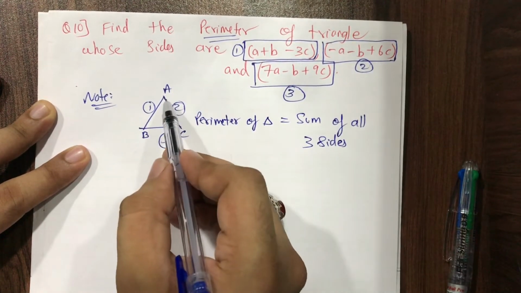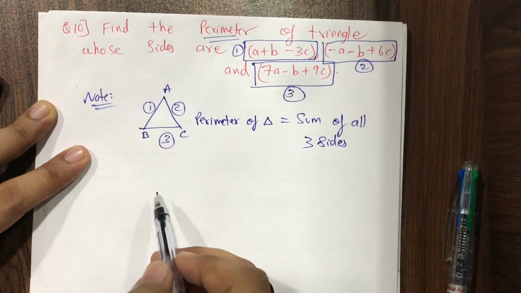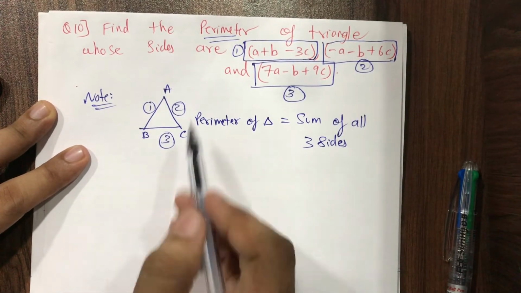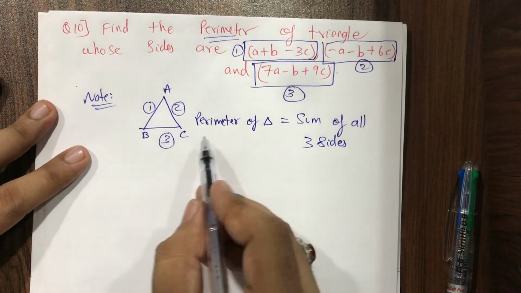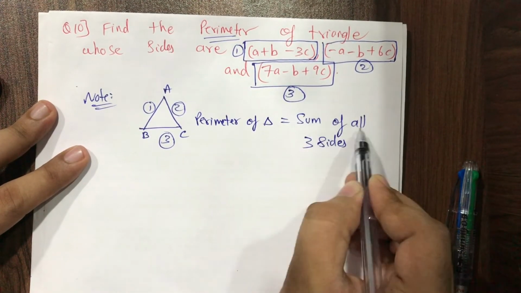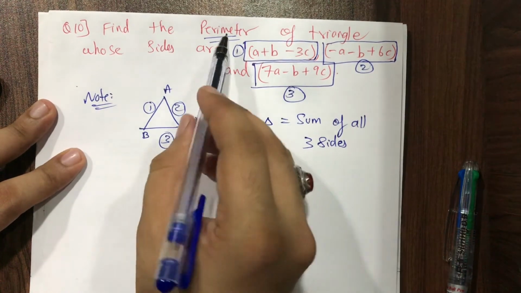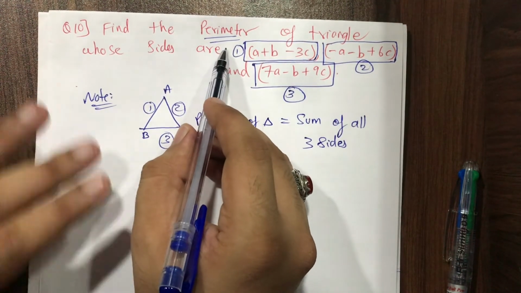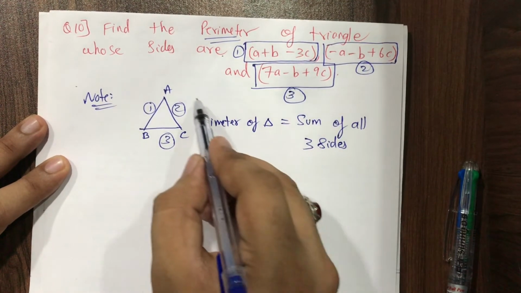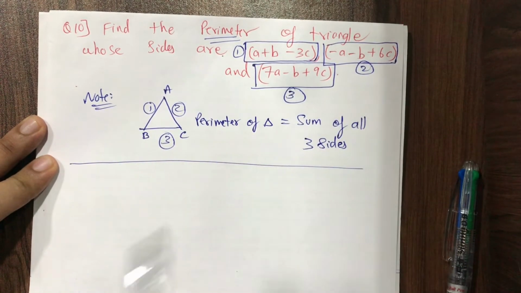In our case we can say AB plus BC plus AC. Sequence does not matter. AC plus CB plus AB, any way around you can do. But the formula for the perimeter of a triangle is the addition of all 3 sides. So this is the note. You have to copy this.